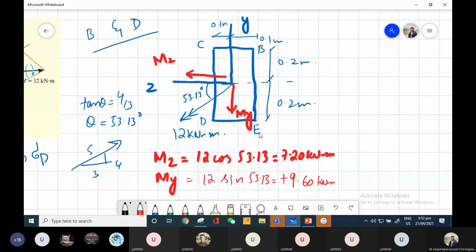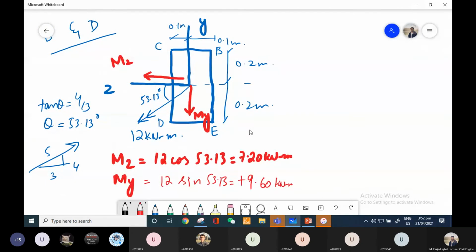So now I have both the moments My and Mz. And the next thing is simply I have to apply my stress equation. Let's suppose I write it for sigma B, that will be minus Mz y over Iz plus My z over Iy. So what is Iz in this one?